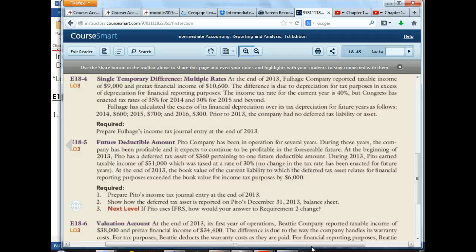During 2013, Pito earned taxable income of $51,000, which was taxed at a rate of 30%. At the end of 2013, the book value of the current liability to which the deferred tax asset relates for financial reporting purposes exceeded the book value for income tax purposes by $6,000.